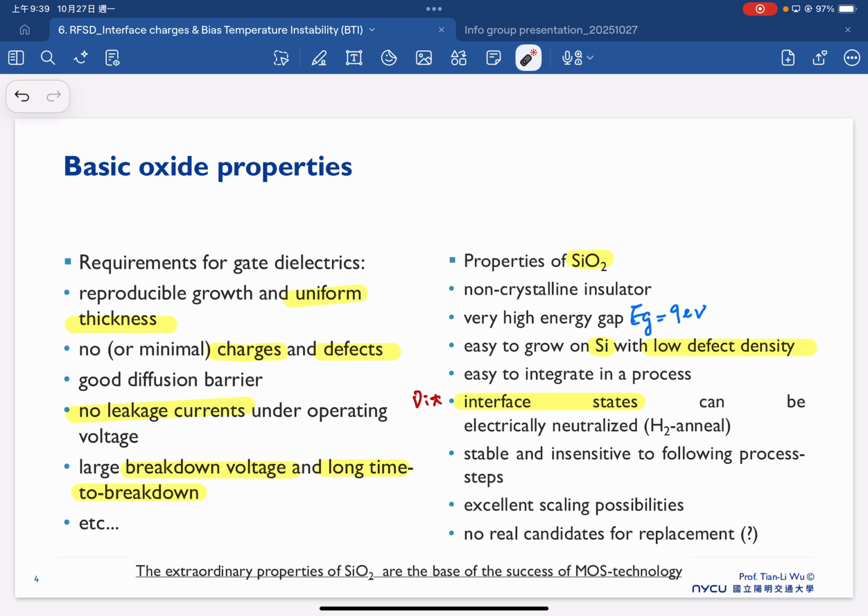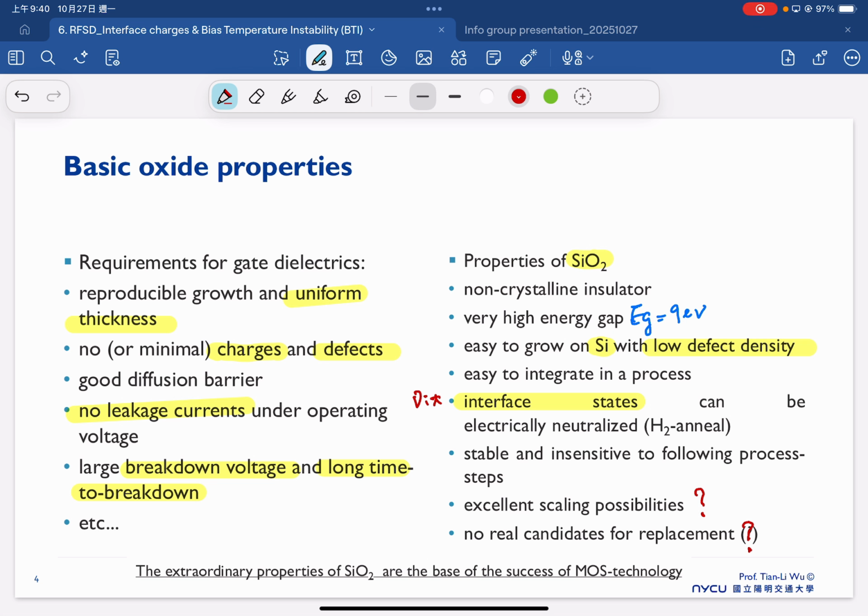And also in the past, we considered SiO2 might have good scaling possibility, but now this is not true, because once we start scaling down the SiO2, we start to face certain issues we will talk about later. And also it is not true that there's no real candidate for replacement.